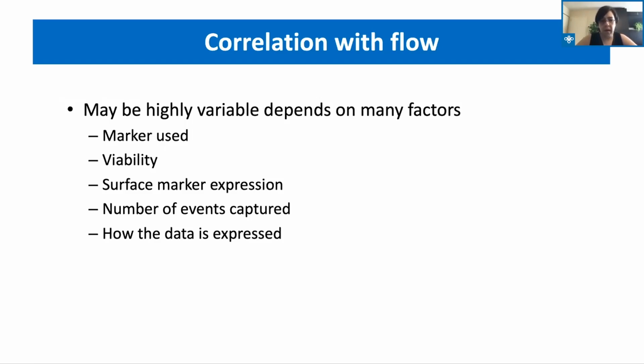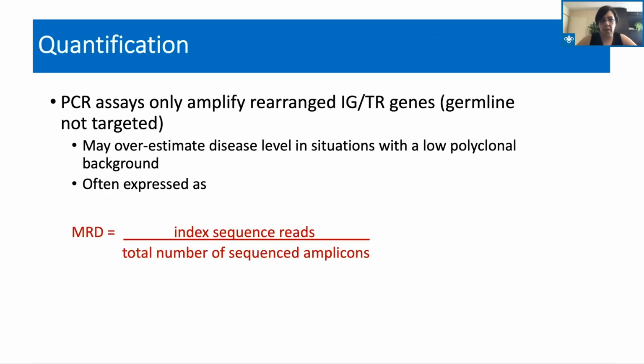An important thing to note for NGS testing is that the way that you express the value of the residual disease is not necessarily the total number of cells that are in the background, but the total number of sequenced amplicons. As you know, with IgH and T cell receptor analysis, you're only sequencing the gene when it's physiologically rearranged or pathologically rearranged, and not all of the cells in the background are going to have that rearrangement.